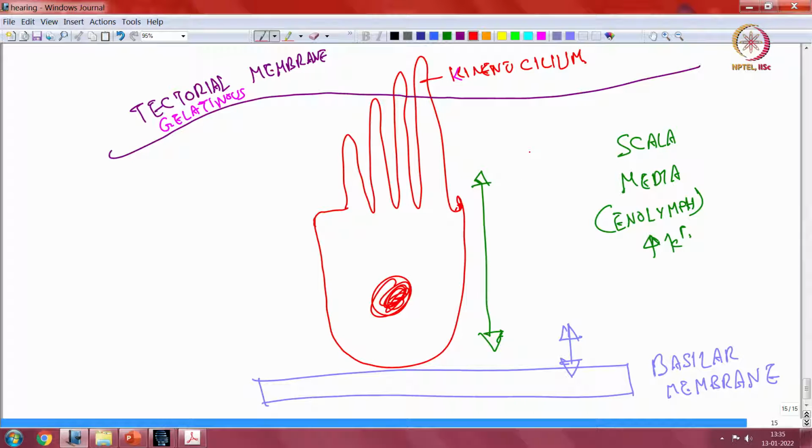So, when there is movement over here, the cilia move like this, right. Because it is embedded within a firm structure and the basilar membrane oscillates, that causes movement within that. Now, at the apex of this, the cilia are potassium channels.